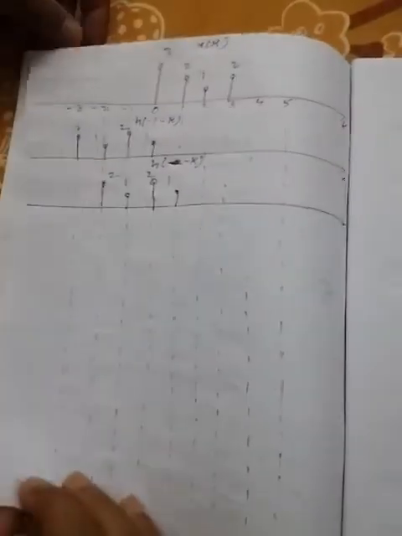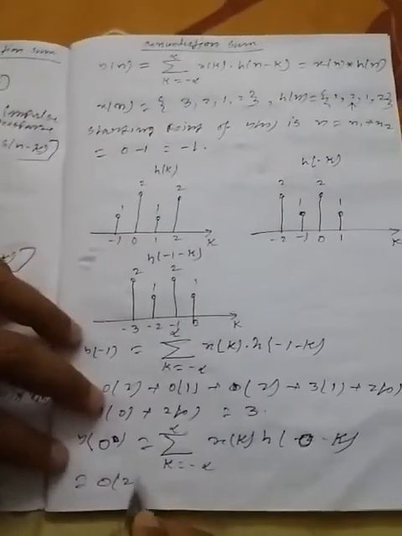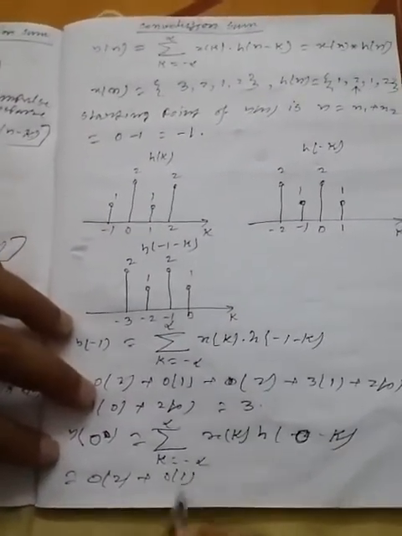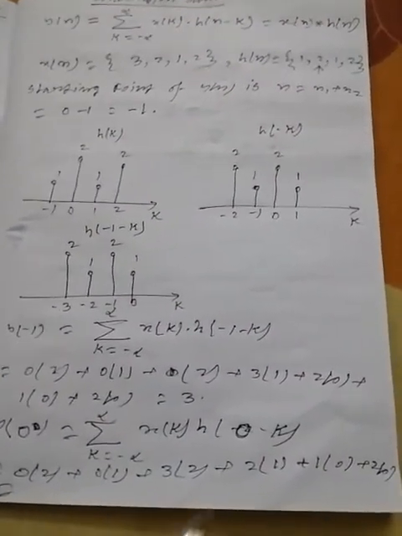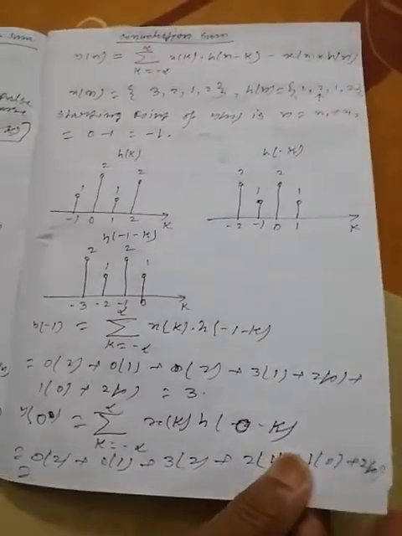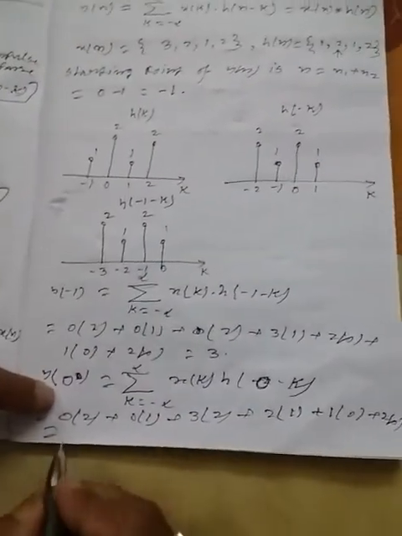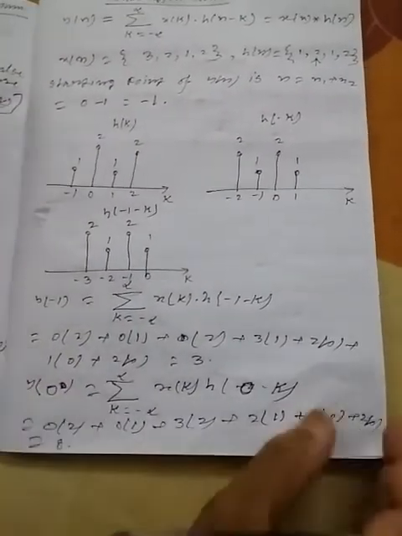So here just 0 into 2, 0 into 1, 0 into 2, 0 into 1, 3 into 2, 2 into 1, 1 into 0 and 2 into 0. If you see from this, the value will be 6 plus 2, that is 8, right?